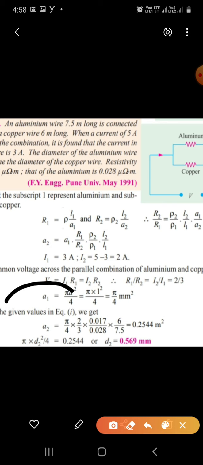So for the convenience, we can write d1 square there in the place of d square. Okay, getting?